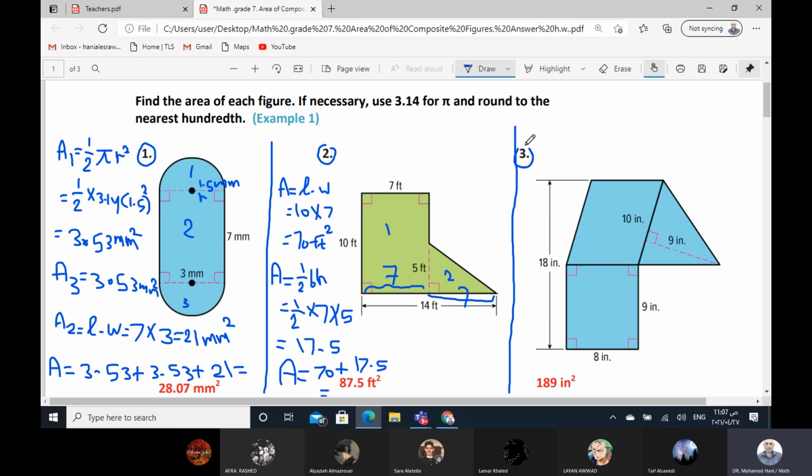Now exercise number 3. Here we have a rectangle, here we have a parallelogram, and here we have a triangle. So for example here, 1, 2, 3. A1, we have a rectangle, so the formula is length times width.